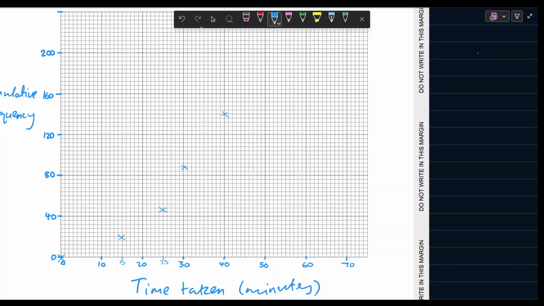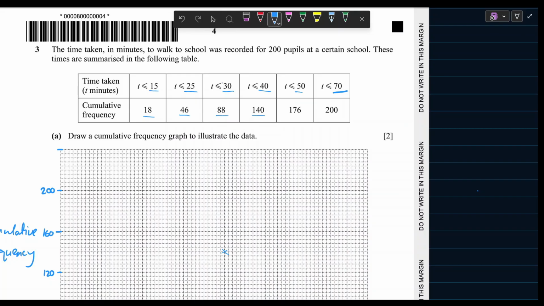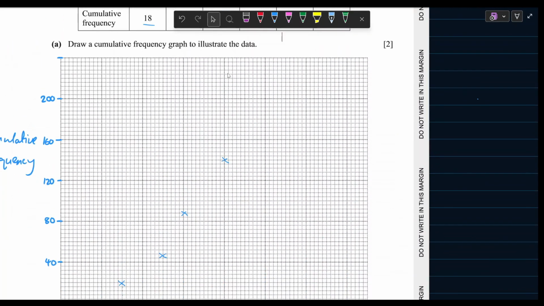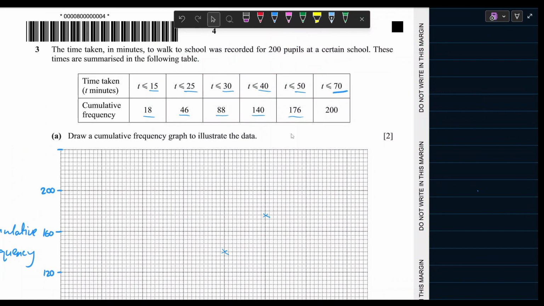This is 140 right there. Then we've got time is 50 and 176. So 50 is this line here, and we want 176. Bang in the middle, 1, 2, 3, 4, 5 would be 180, but we want 176. So subtract 4 units. That will be your 176.